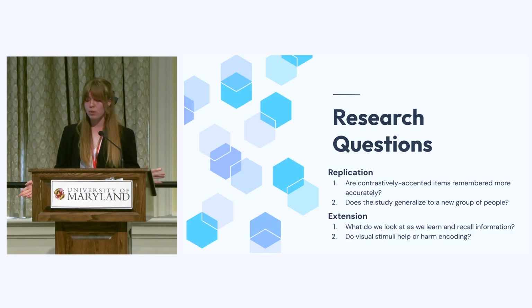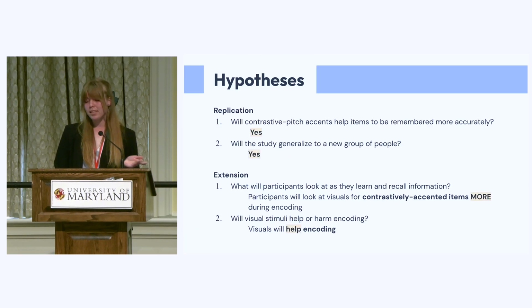And then to extend these results, we also looked at eye fixations during the learning and recalling of information with contrastive prosodic cues to see the influence of visual stimuli on encoding. We hypothesized that the study would generalize to a new group of people. Participants would look at and remember contrastive accented words at increased rates. And then we also believed that visual stimuli would benefit the encoding process.